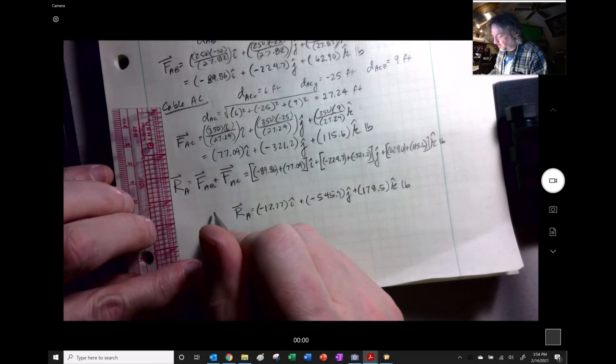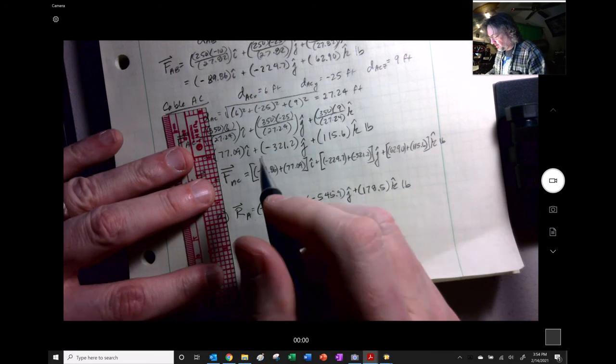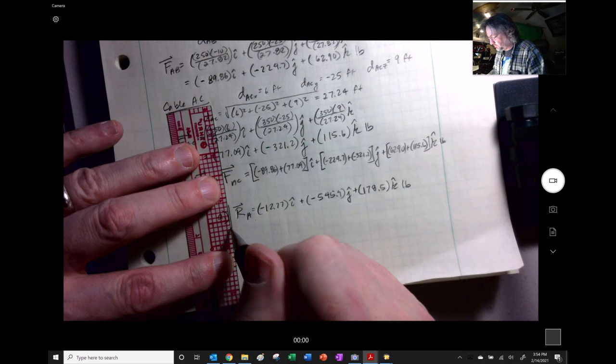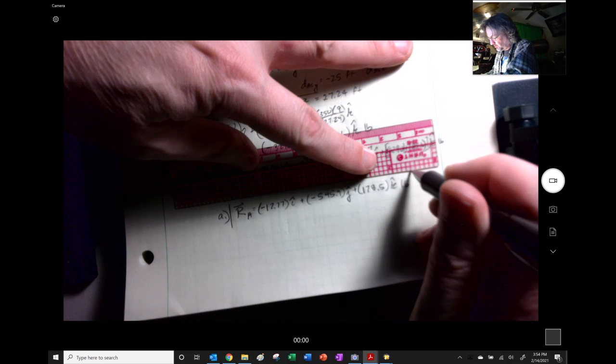Now I think I'm going to go ahead and just say here's my answer right here, because I don't want to rewrite it out again.